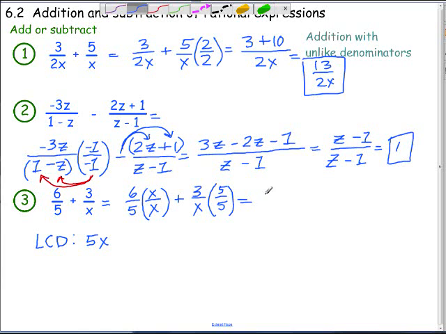Now we have 6x plus 3 times 5 is 15, all over 5x. Do I have any common factor I could factor out? No, I don't. I do have a 5 as a factor here, but it has to also be a factor of 6x, which it is not.